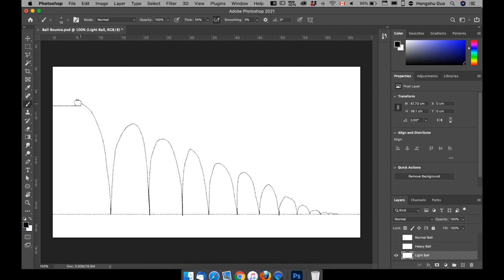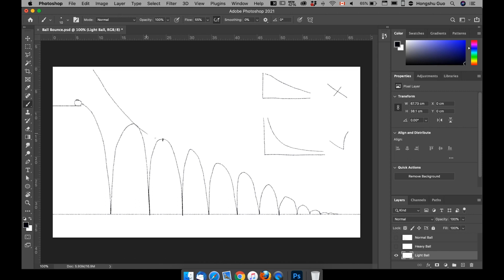To be honest, this one is not very accurate, because when the ball bounces and hits the ground, the top points of these curves shouldn't form a straight line. They should form something like a decay curve, like this. It looks to me like my curve here, the graph here, looks like a straight line, but it shouldn't be a straight line. It should be a decay curve like this.